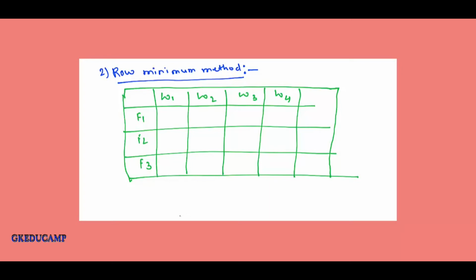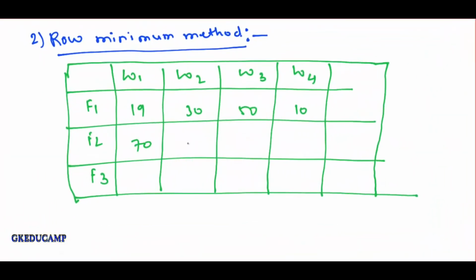Here in the row minimum method, you are going to concentrate mainly on the rows which have the minimum values. So it is solved through the row minimum method. Here 19, 30, 50, 10, 70, 30, 40, 60, 40, 80, 70, 20.